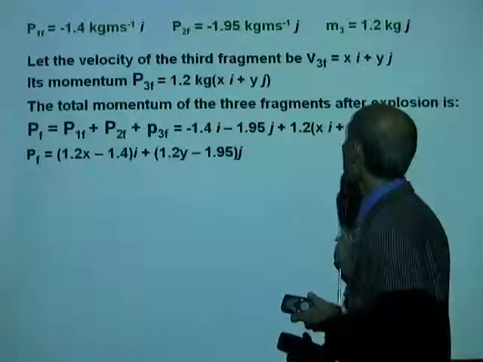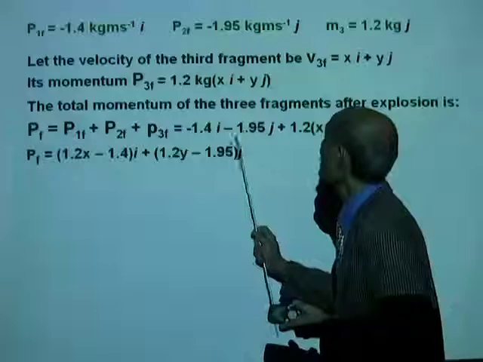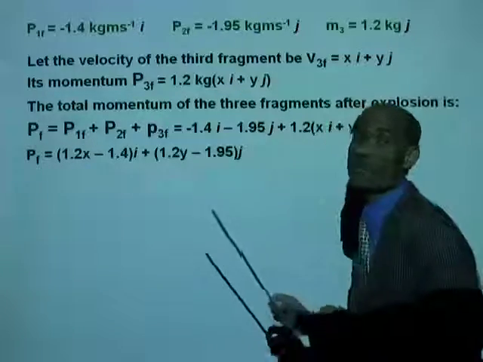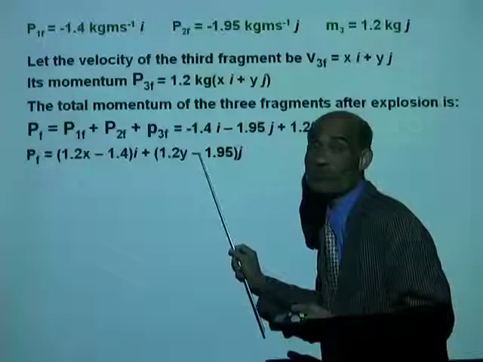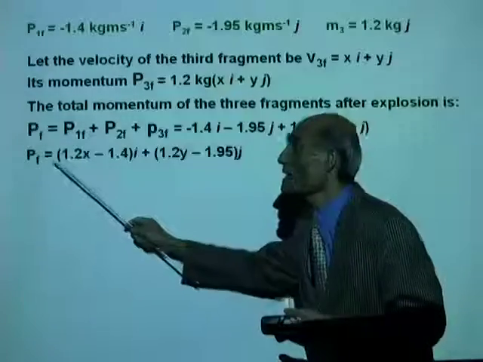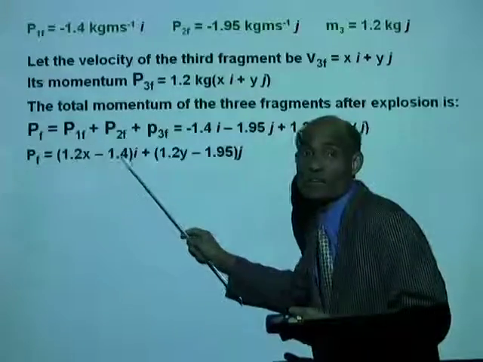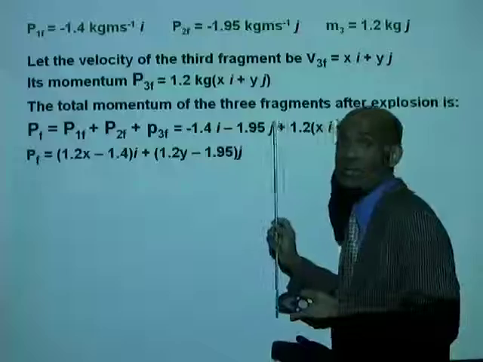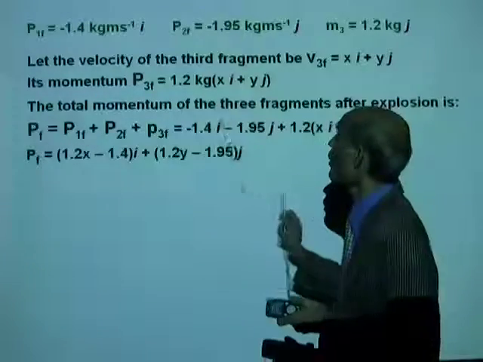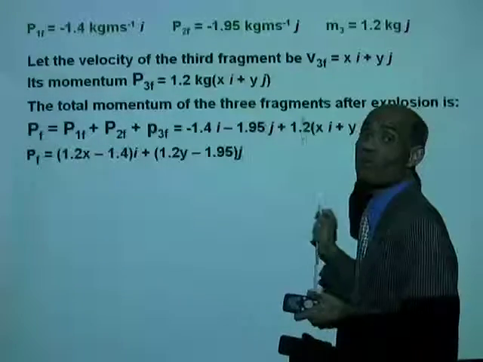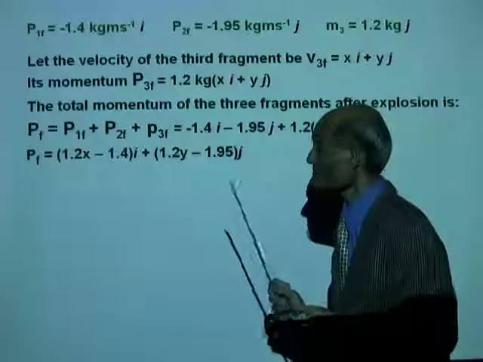That would be 1.2y minus 1.95 j. This is the most important step here. The final momentum in component form. We added the x components of all this and then the y components to obtain this.